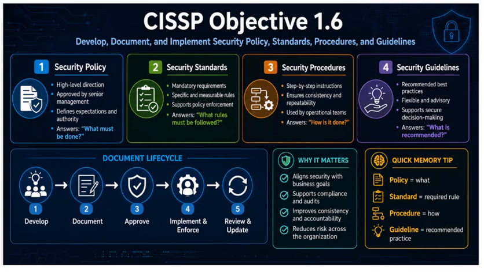Common triggers for updates include new regulations, cloud migrations, mergers, security incidents, audits, new systems, or changes in business strategy. Outdated documentation can create compliance gaps and operational confusion. A strong security program treats documentation as a living governance system, not a one-time project.